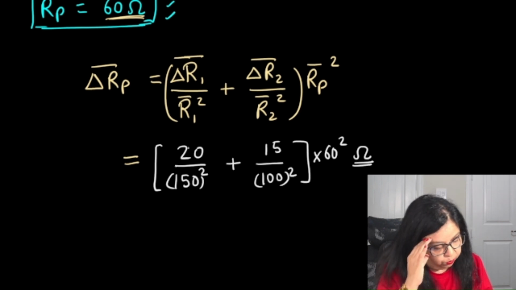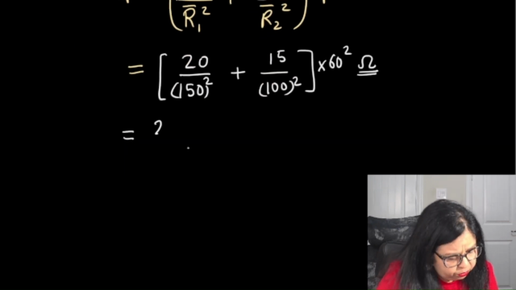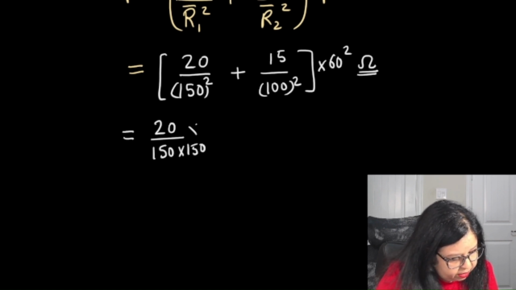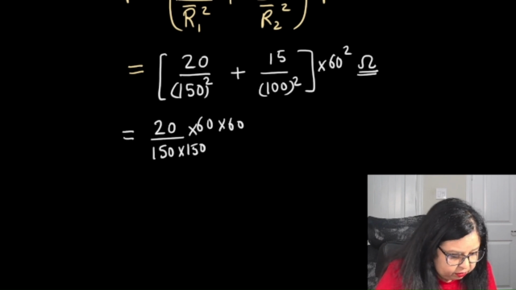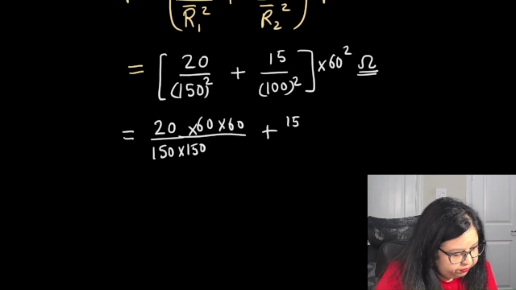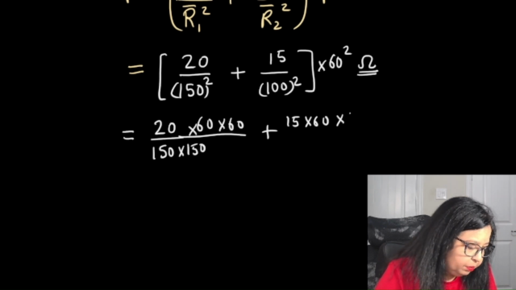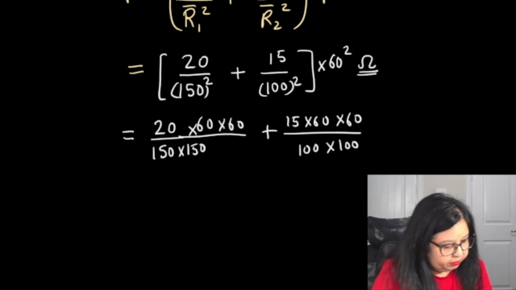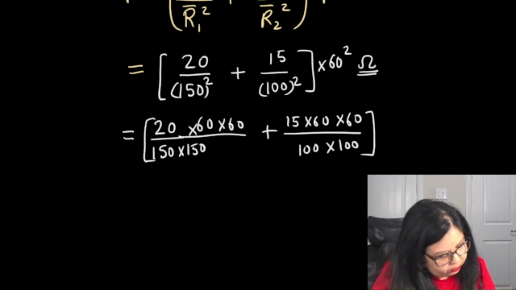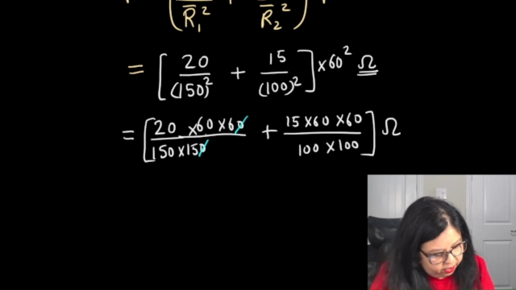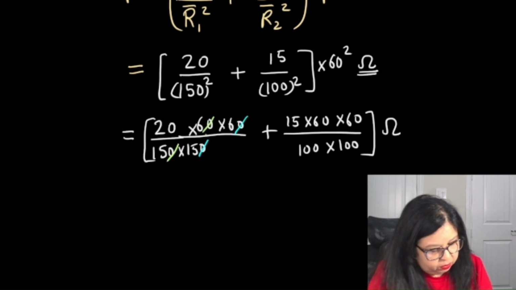Alright, now when we solve this, what do we get? I'm going to write this down. 20 divided by 150 times 150 times 60 times 60, plus 15 times 60 times 60 divided by 100 times 100 ohms. Alrighty, zeros.